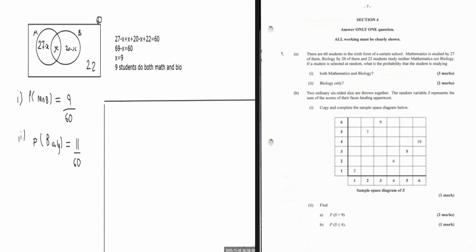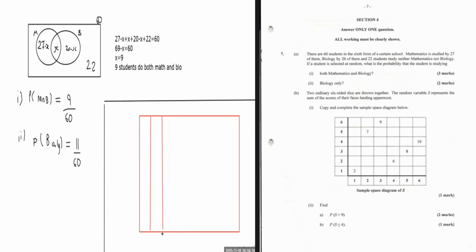This is where we're going to do part B. And let's create the box now to represent the sample space. Nice and easy. So creating our box.